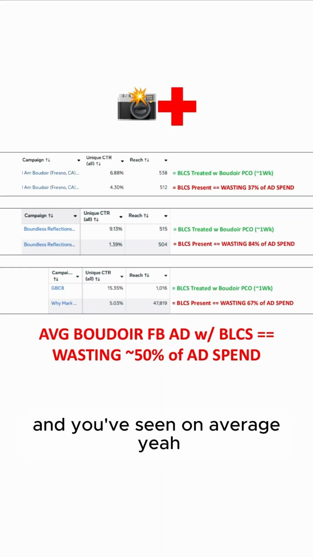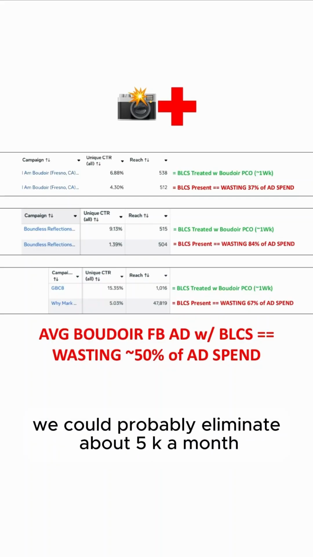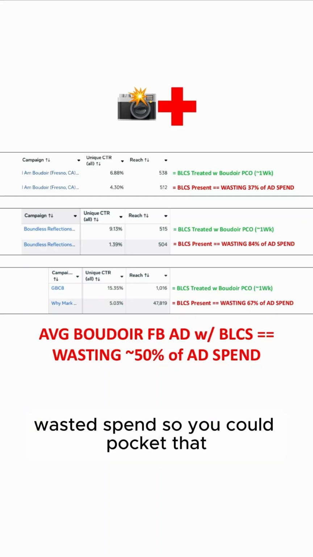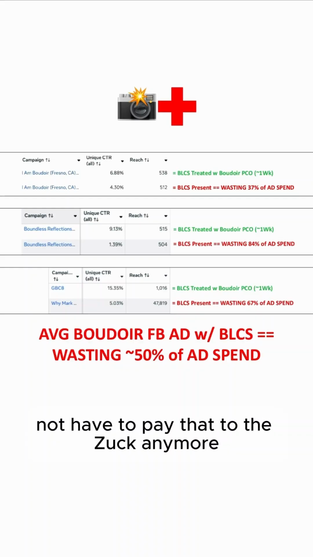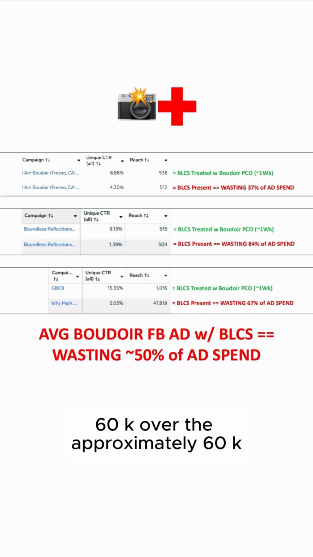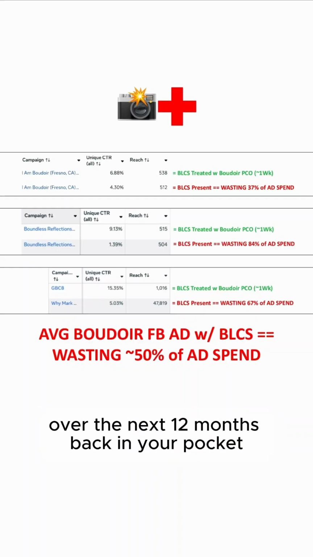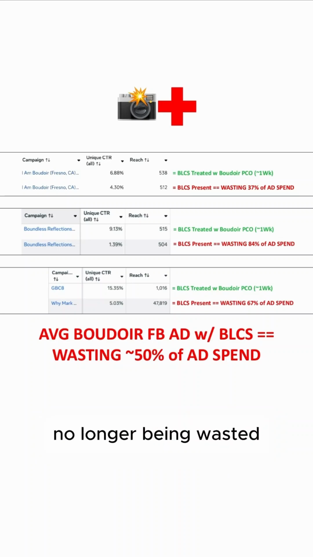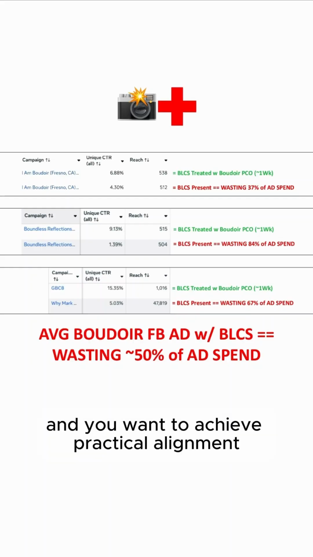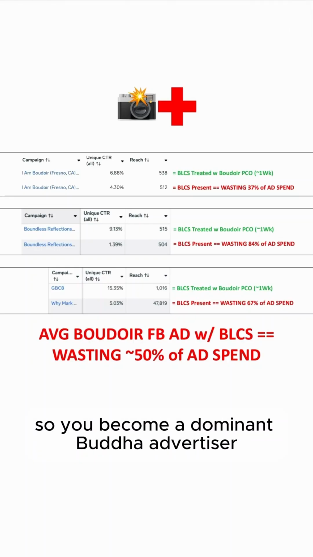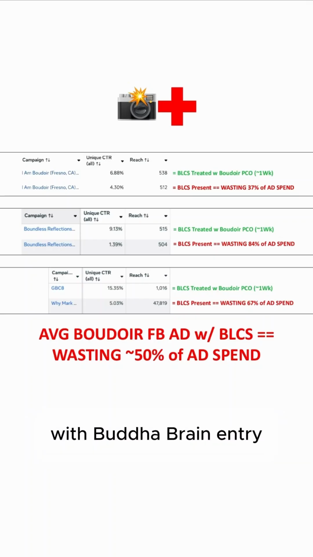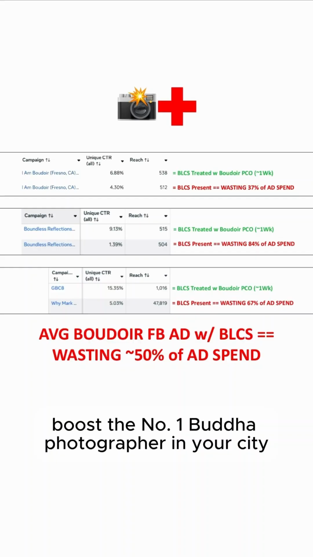And you've seen on average, yeah, we could probably eliminate about 5K a month in wasted spend. So you could pocket that, not have to pay that to the Zuck anymore. Approximately 60K over the next 12 months back in your pocket, no longer being wasted. And you want to achieve pre-click alignment, so you become a dominant Boudoir advertiser with Boudoir Brain Entry Boost, the #1 boudoir photographer in your city.